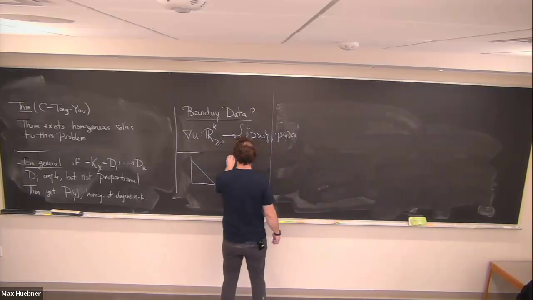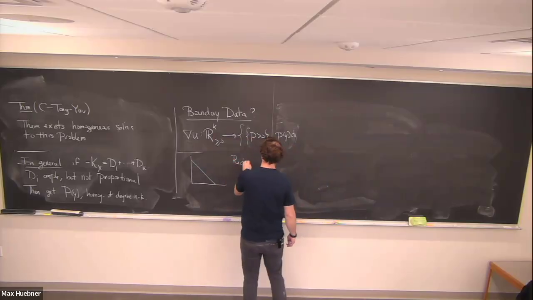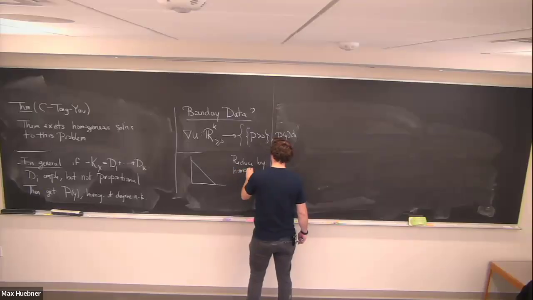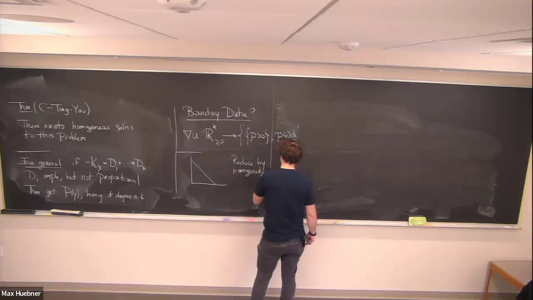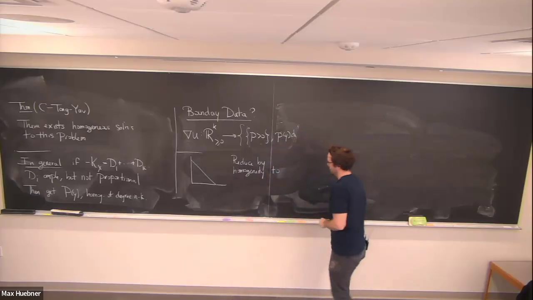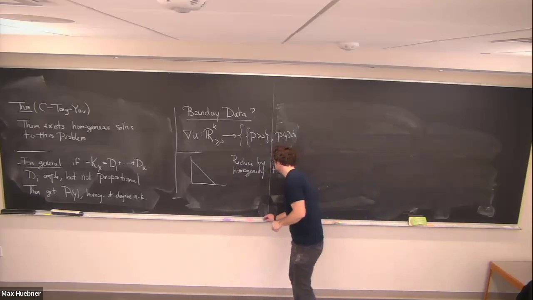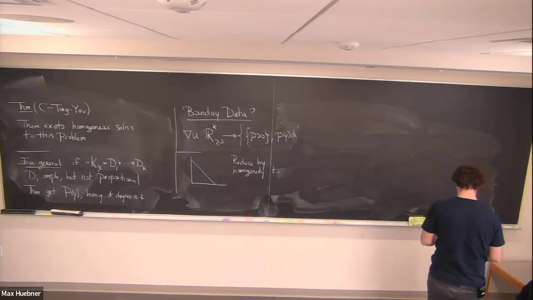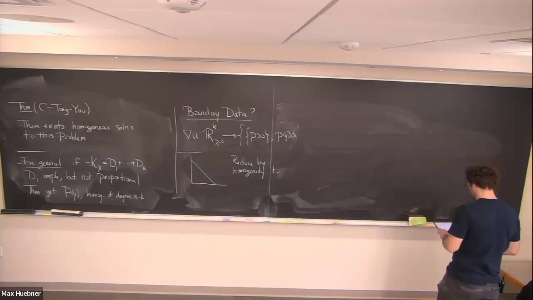You reduce by homogeneity to a problem of the following form, which is again a Monge-Ampère kind of optimal transport type problem, but it has a very bizarre boundary data.